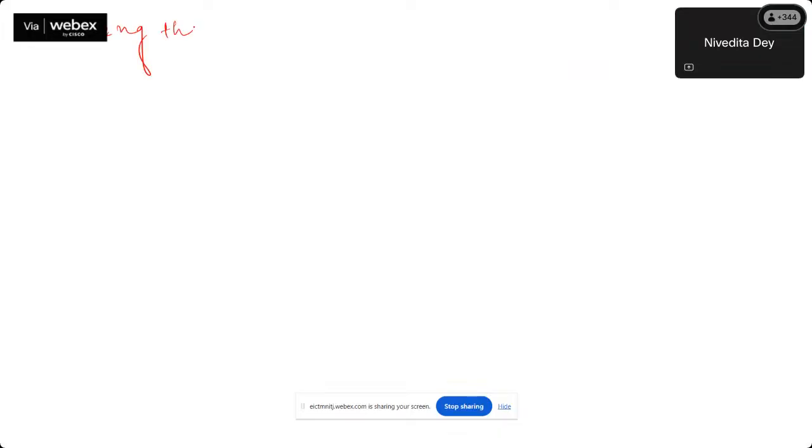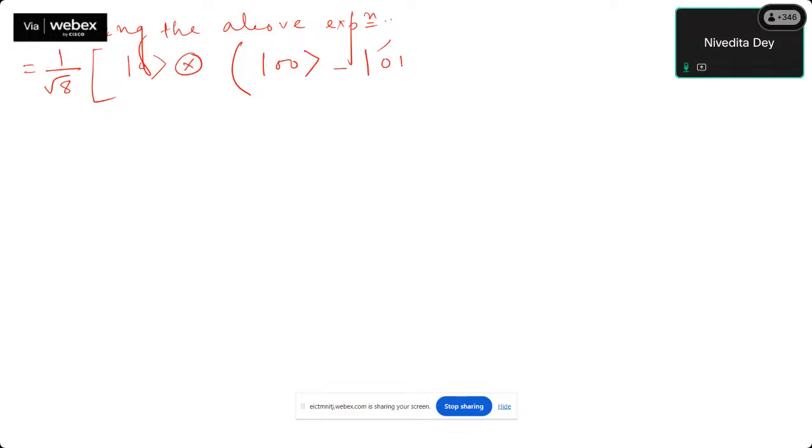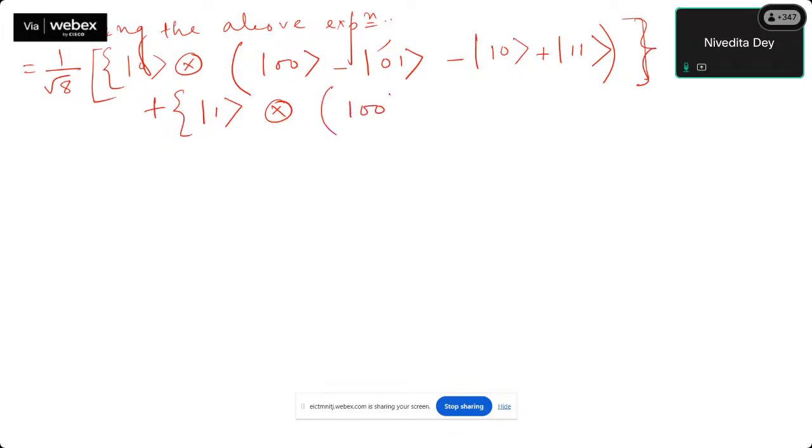Rewriting the above expression, it will be 1 over root over 8, then 0 tensor product (00, then 01, then minus 10 plus 11), then, let me write a second bracket here, plus within the second bracket, 1 tensor product (00 minus 01 minus 10 plus 11). The way we solve a quadratic equation.